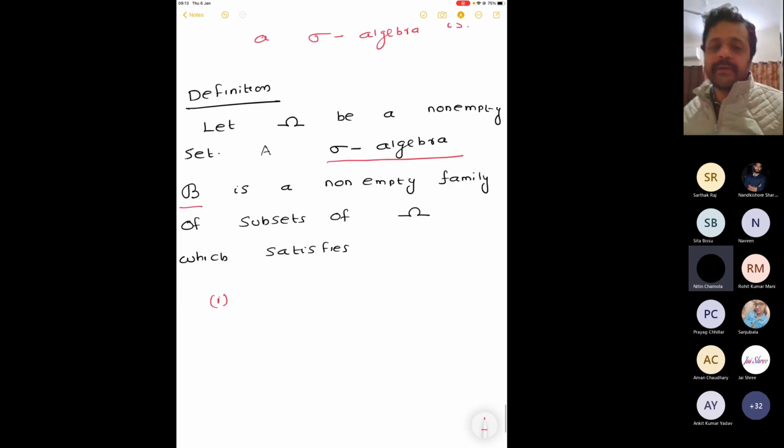Can you tell me the requirements? Now you should be able to make the definition. I want to measure the null set and say that the measure of a null set is 0.